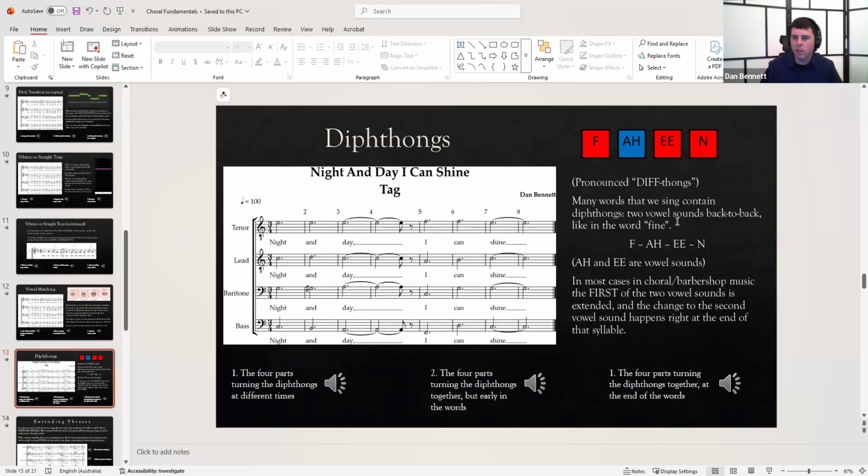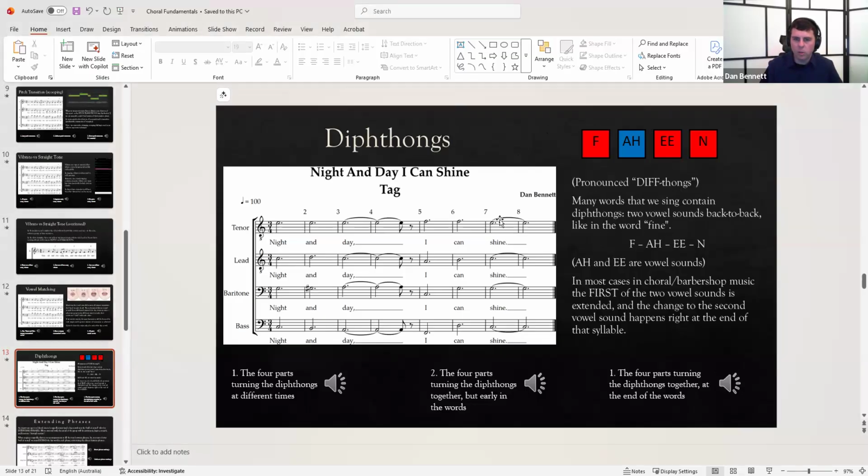The opposite would be to go fine. That way I move fast through the ah and get to the ee and dwell on the ee for a long time. Most singers intuitively understand which one we intend to be the target vowel or the primary vowel. But sometimes it needs to be explained to some folks.